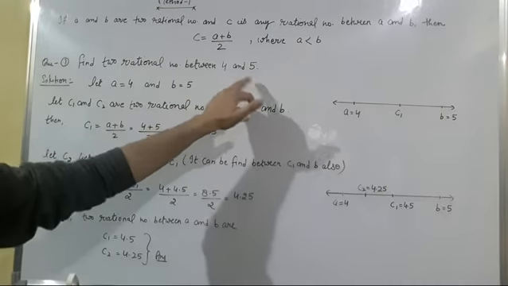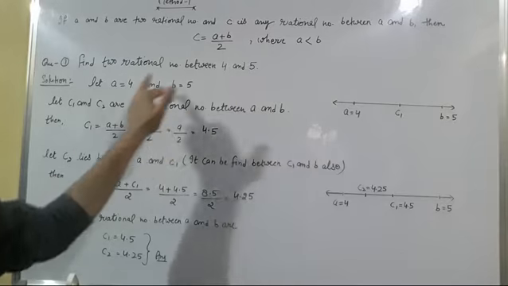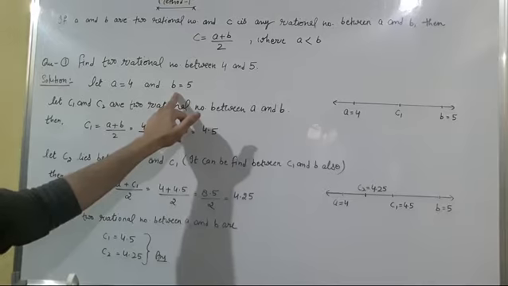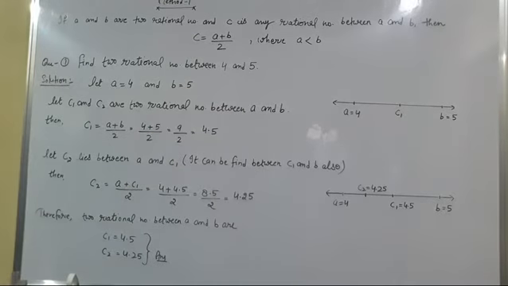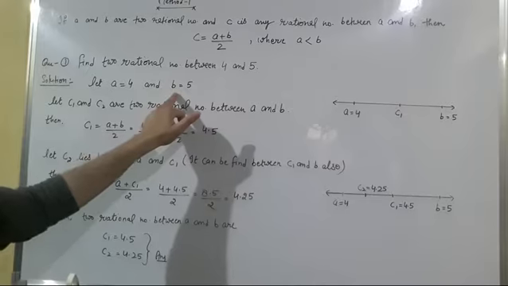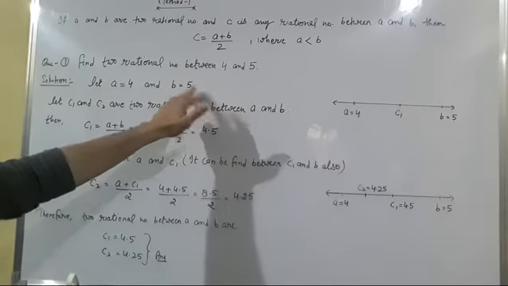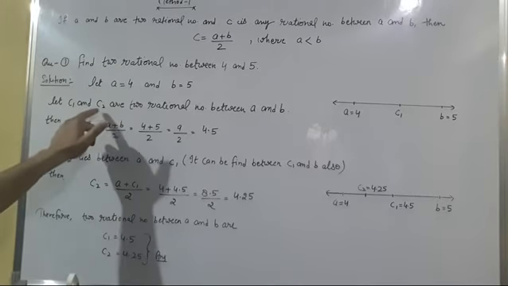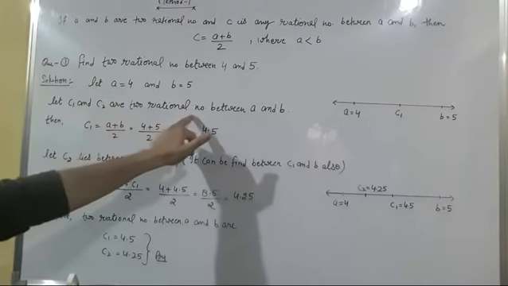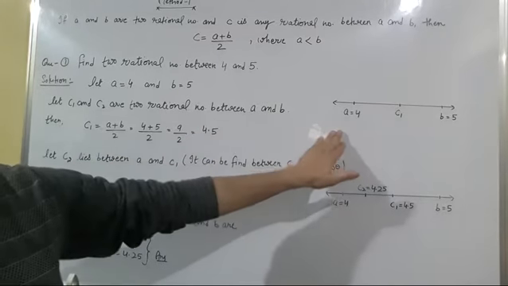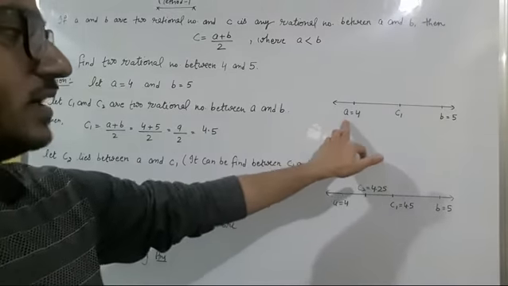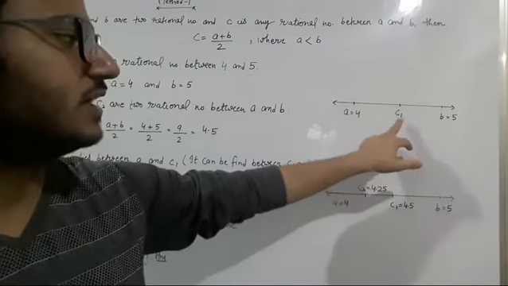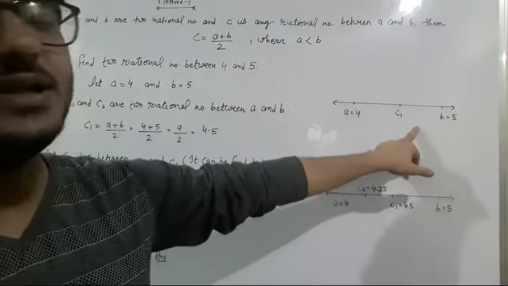4 is less than 5, that's why we have selected a equals 4 and b equals 5. In the given question we have to find two rational numbers, so let c1 and c2 be two rational numbers between a and b. In the given diagram you can see a here and b here, and we have taken c1 lying between a and b.